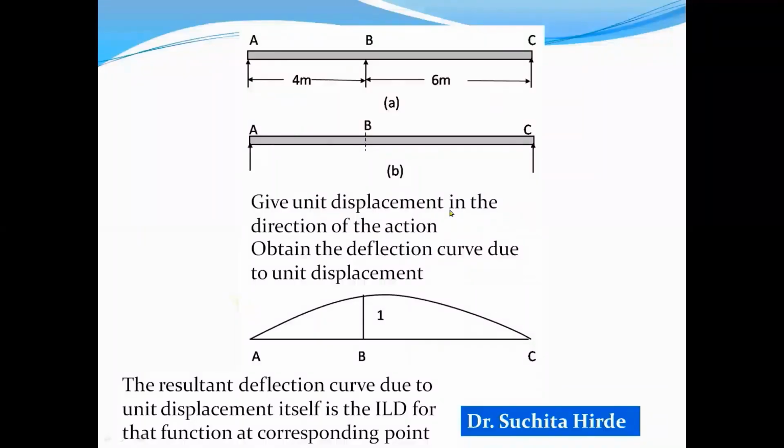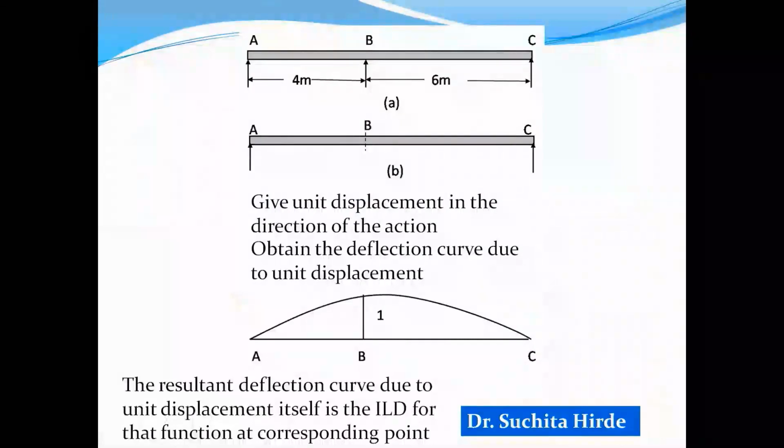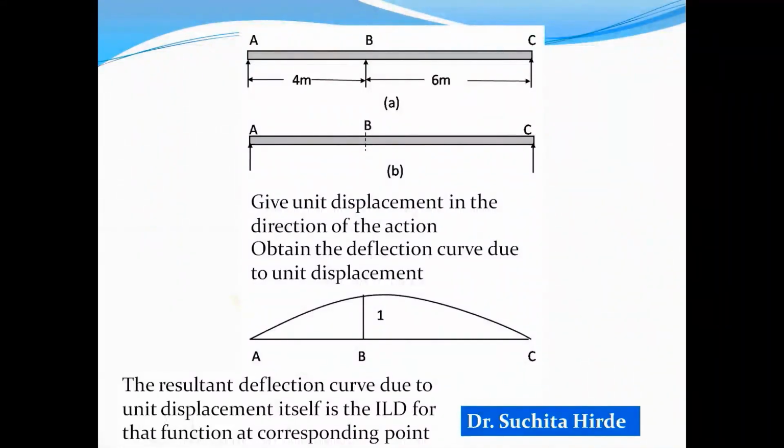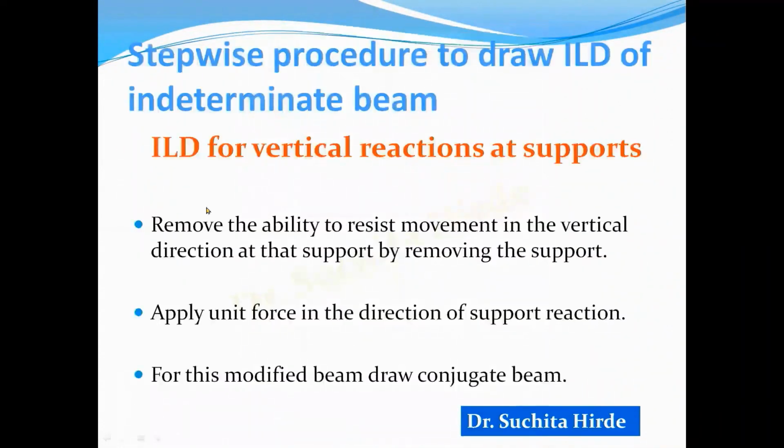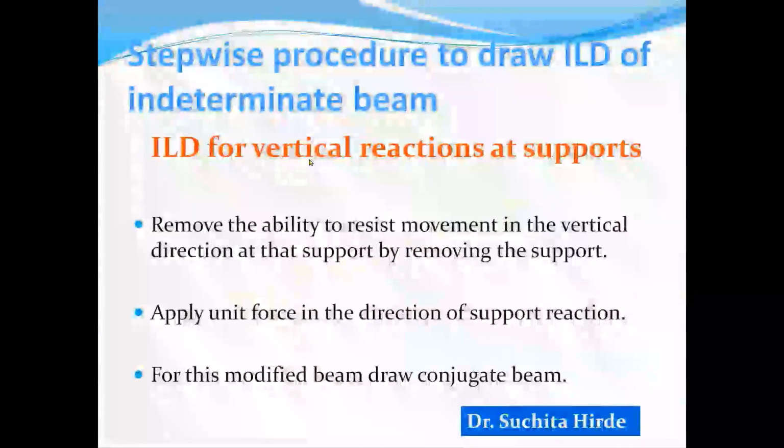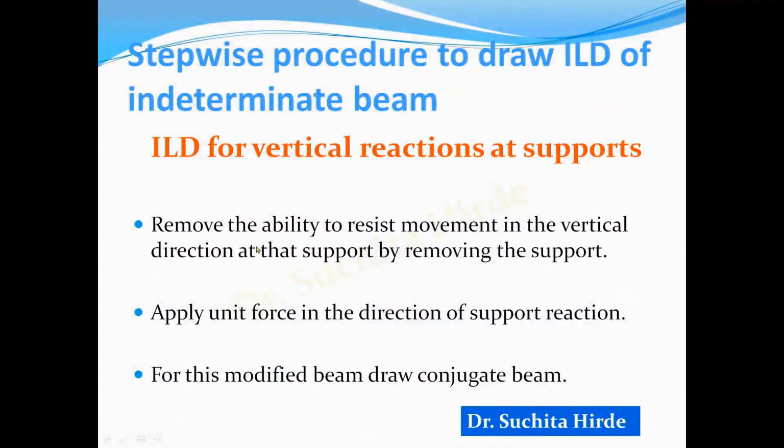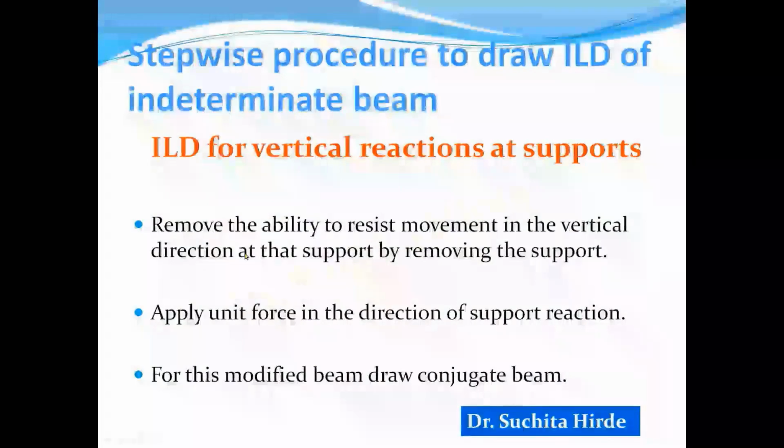Now before we start this problem, first we will understand the general steps to draw the influence line diagram using the Mueller-Breslau principle. So this is the procedure to draw the influence line diagram for vertical reactions at the support. I will read these statements and I will explain them while solving the problem.